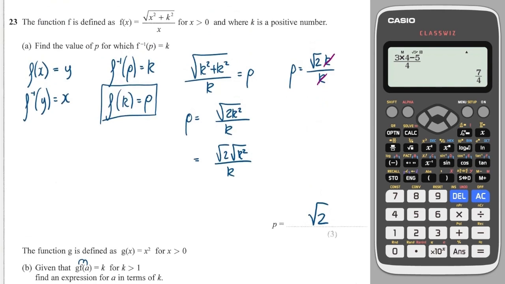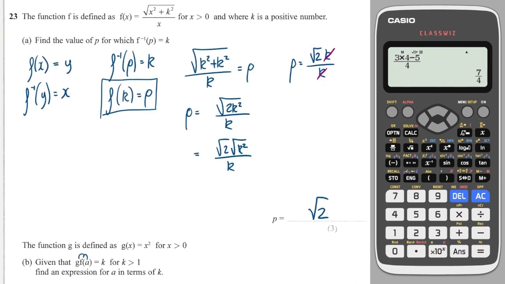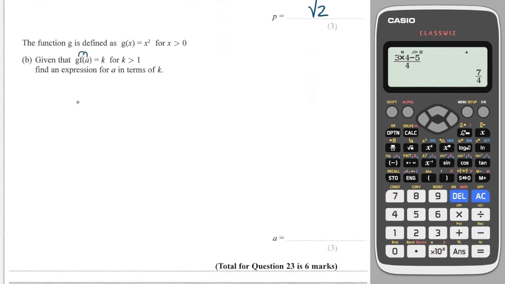So putting a into f will give me the square root of a squared plus k squared over a. And then if I put that into g, well, that just means to square essentially your input. So I will square all of that, and that is equal to k.